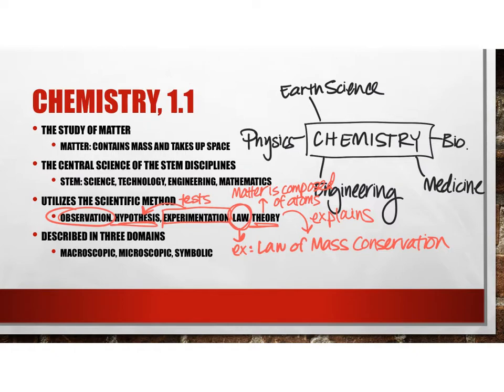Okay, moving on to our last main bullet point. Chemistry is described in 3 domains: the macroscopic, microscopic, and symbolic. I'll give you an example for each. So macroscopic would be something that can be seen. It's on a larger scale. It's observed with the naked eye. So an example again would be a glass of water.